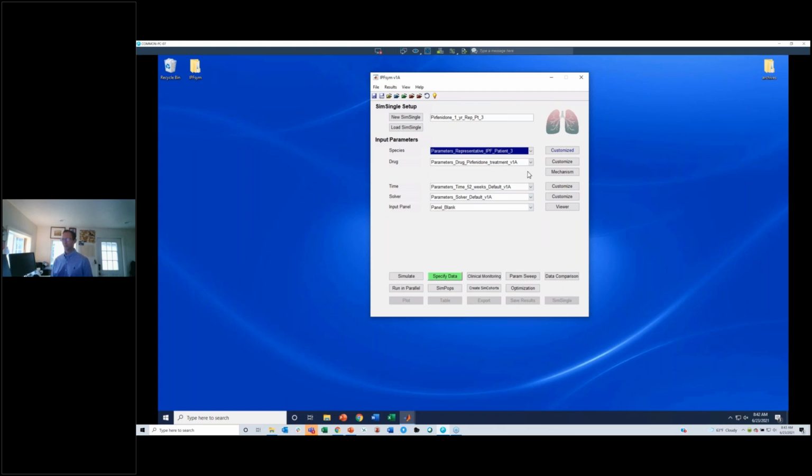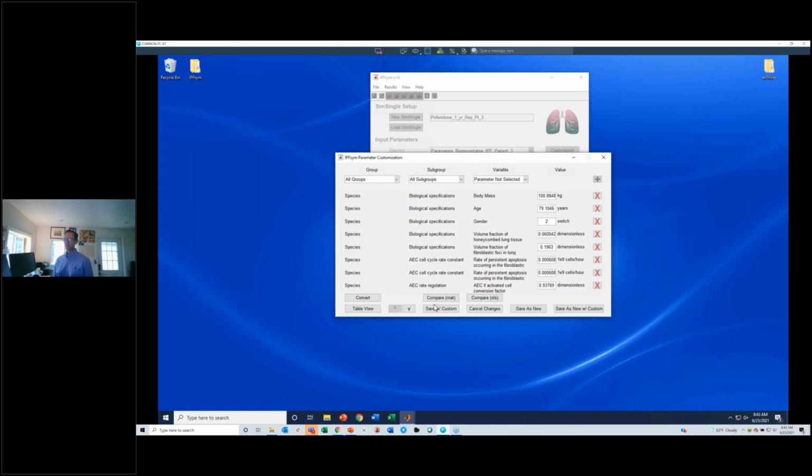So just to give you a little bit of a view of that. In the species category, if I click on this, it allows us to see the specific ways in which we have modified the parameters to represent that specific patient, to characterize that patient. And all of those parameters are available for viewing as well as adjustment.